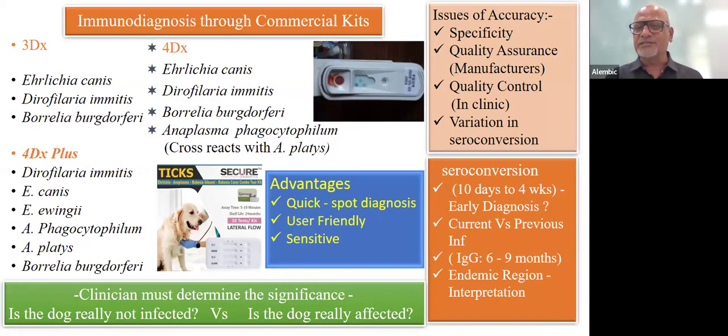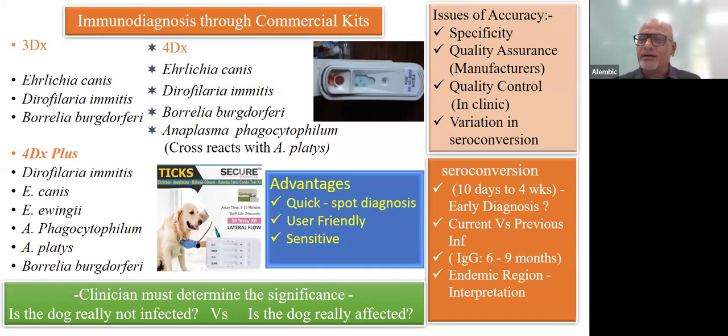That means these kits can be used within 15 to 20 minutes, and the technique is also very user friendly and very quick to perform. And then it is also very sensitive, right? In most of these kits, an ELISA pattern is utilized, and that is why it is very, very sensitive. You can also impress upon the pet owners. You can show them the results of the kits, so you can impress upon them that okay, your dog is infected with A, B, or C different types of organisms. Now, there are certain issues about the specificity.